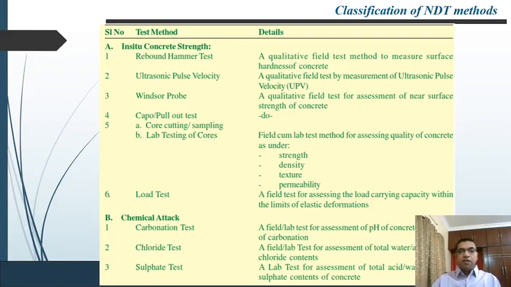Then these are partially destructive tests: CAPO and pull out tests. Then you have core cutting and lab testing of course, and then you have load test to identify the deflections. For chemical attack, we have carbonation test, chloride test, and sulfate test to be done in the laboratory.